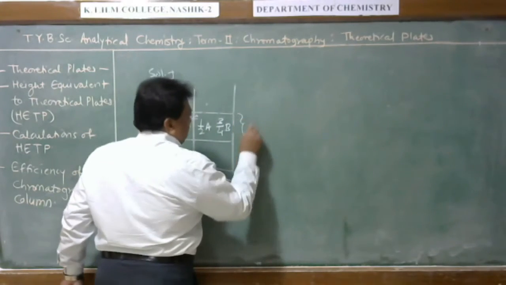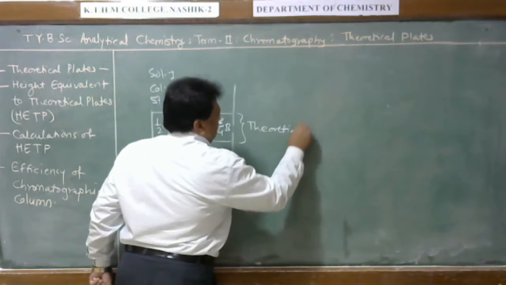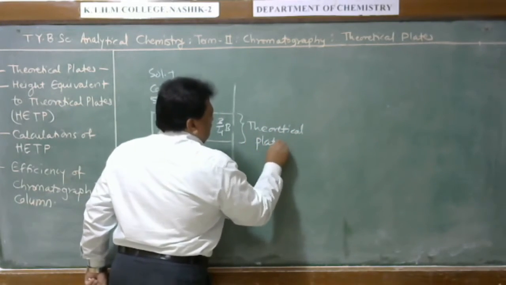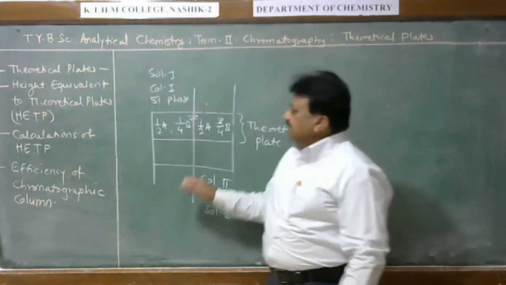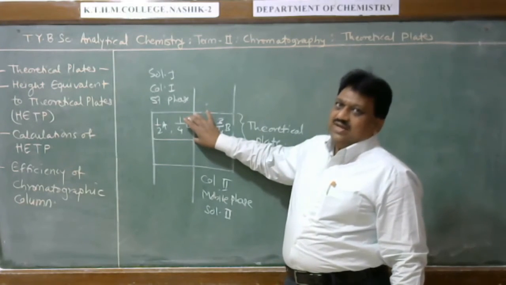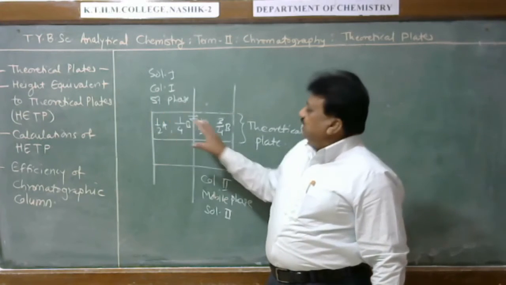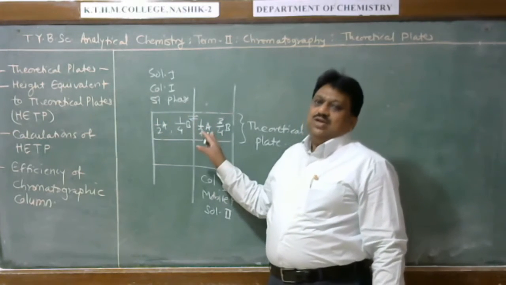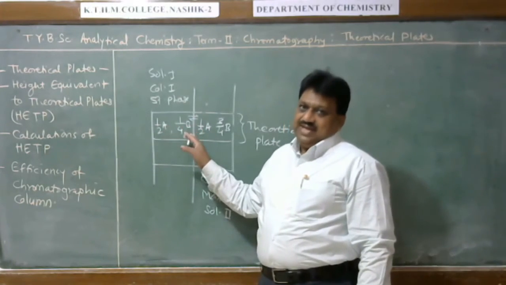Therefore, this is a theoretical plate. Now it is clear that a theoretical plate is the area of the column or the area of the stationary phase that is utilized by a sample component to undergo a single distribution equilibrium.